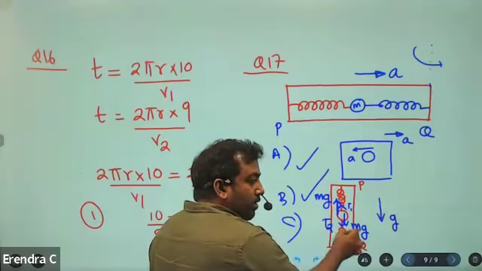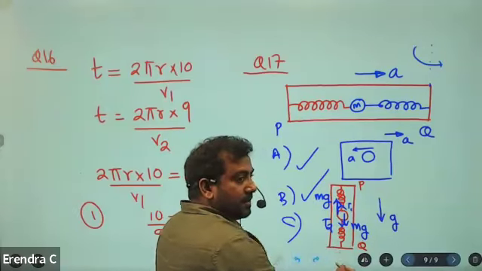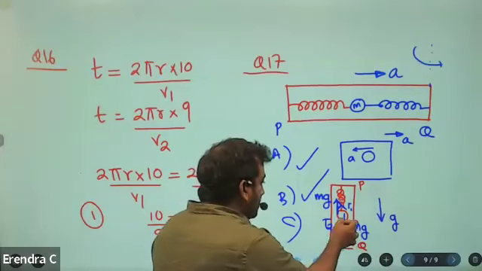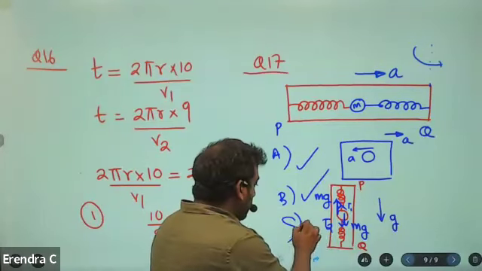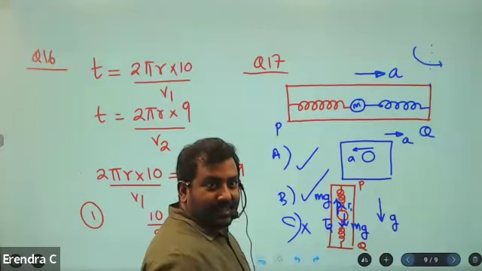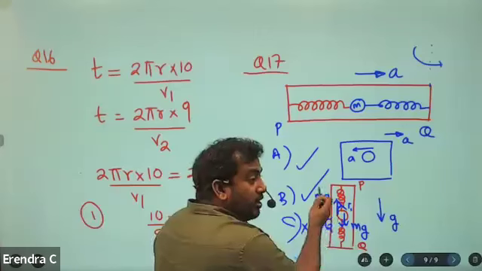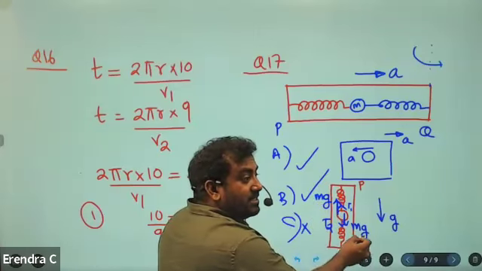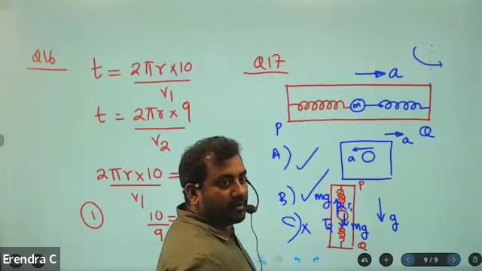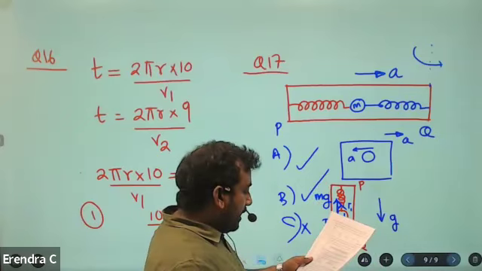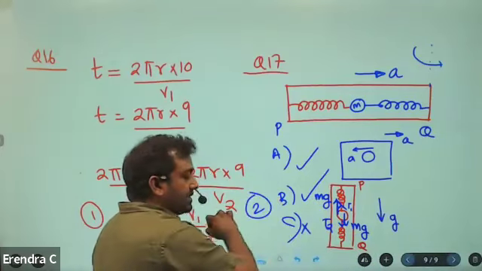Mg will cancel off. Now you just have the spring. So will this mass go towards P? No. Some of you will say, sir, there's a pseudo force upward. Yes. Pseudo force is mg, and mg and mg cancel. It can't go. Only A is the correct answer.